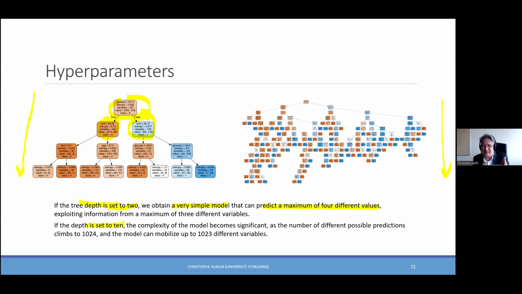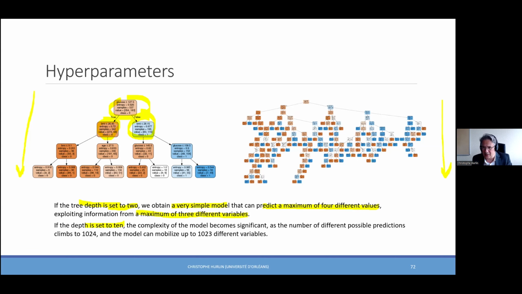At the maximum, I use only 3 different variables, x1, x2, x3. So I have a model in which I use 3 variables among all the variables that I've introduced in my Excel file. The algorithm has considered 3 of them, and given these 3 variables, it produces forecasts on Y, and the forecast on Y can take only 4 different values.